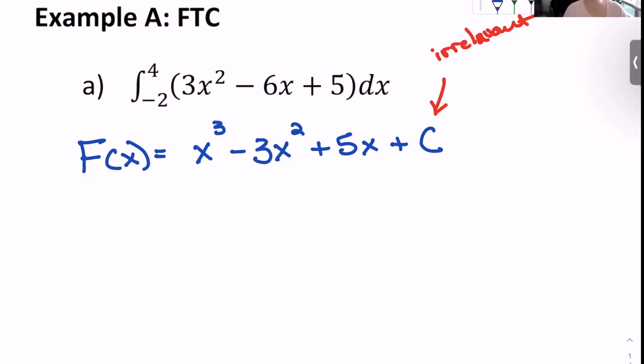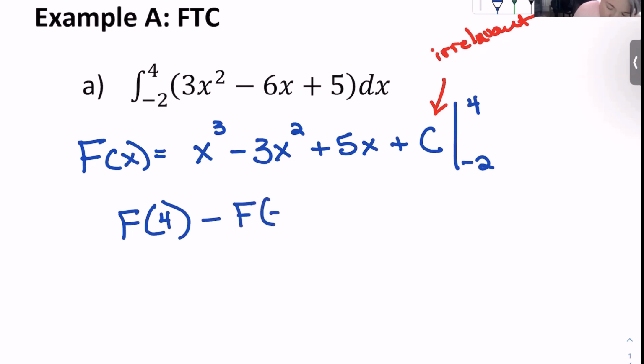Now, once you've found that antiderivative function, you need to tell yourself and your reader that you still have to evaluate it from -2 to 4. Again, that's what that big line says at the end. We're going to plug in 4 into that function and then subtract that same function where we plug in a -2. And we're going to get an actual numerical value.